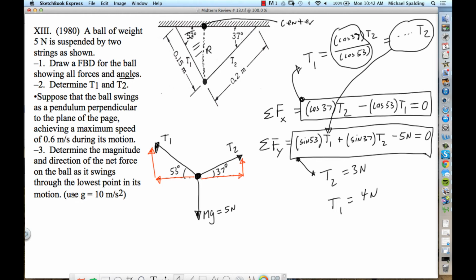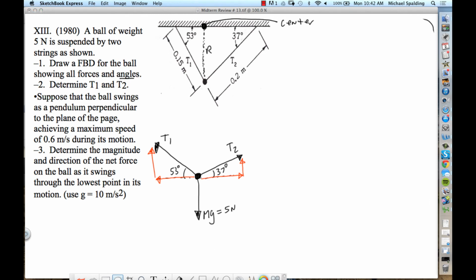Okay, so let's find the radius. Let's use the left triangle. What are we going to use, sine, cosine, or tangent? We have opposite and hypotenuse.